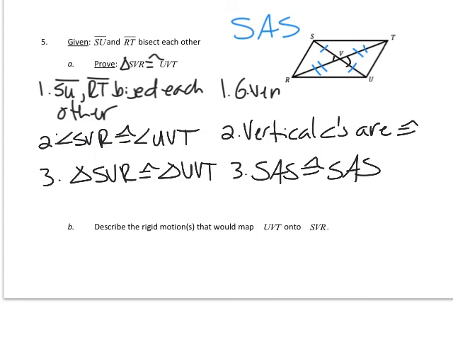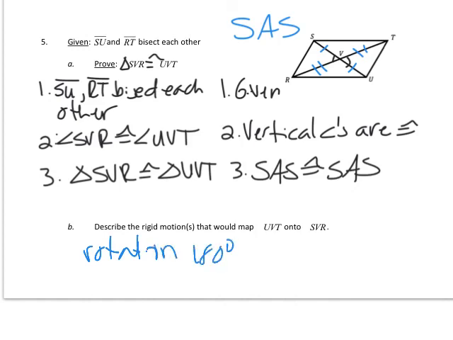And I'm done. If I wanted to describe the rigid motions, you have to be careful. A reflection will not work because if you reflect through V, T is not going to map to S. T has to map to R. So instead, a rotation of 180 degrees about point V would work.